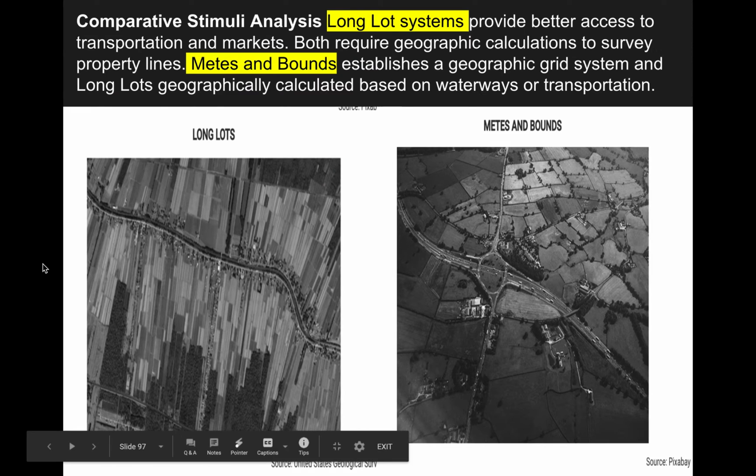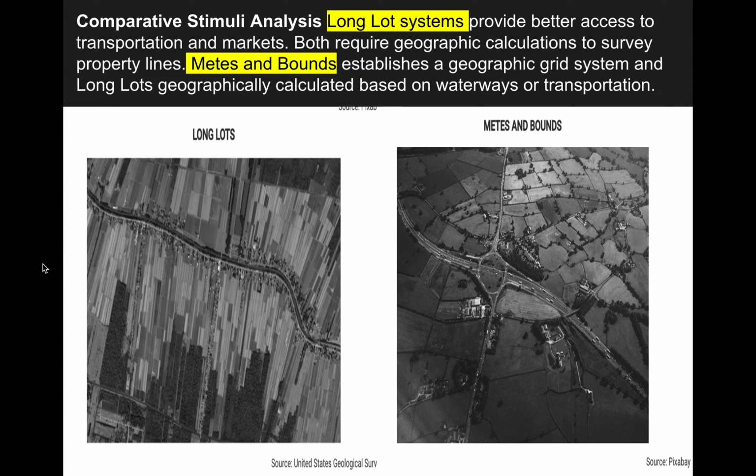All right, let's take a look. When we talk about long lot systems, there is a better access to transportation and markets. As we learned with transportation, boat, the cheapest and the easiest form of energy. You can use the flow of the river to take you to and from marketplaces. And metes and bounds are what we see mostly in England.